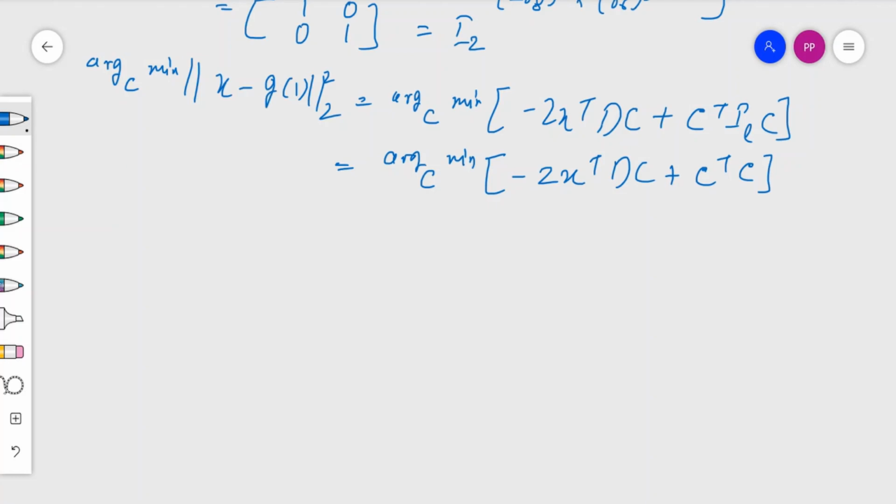That will be the gradient vector. The gradient vector is definitely a column matrix, and here we can write the gradient with respect to C of this norm, minus 2x transpose DC plus C transpose C, equal to 0, has to be achieved to obtain the desired condition for minimizing the error between the actual point, which is in the form of vector x, and the reconstruction of x.